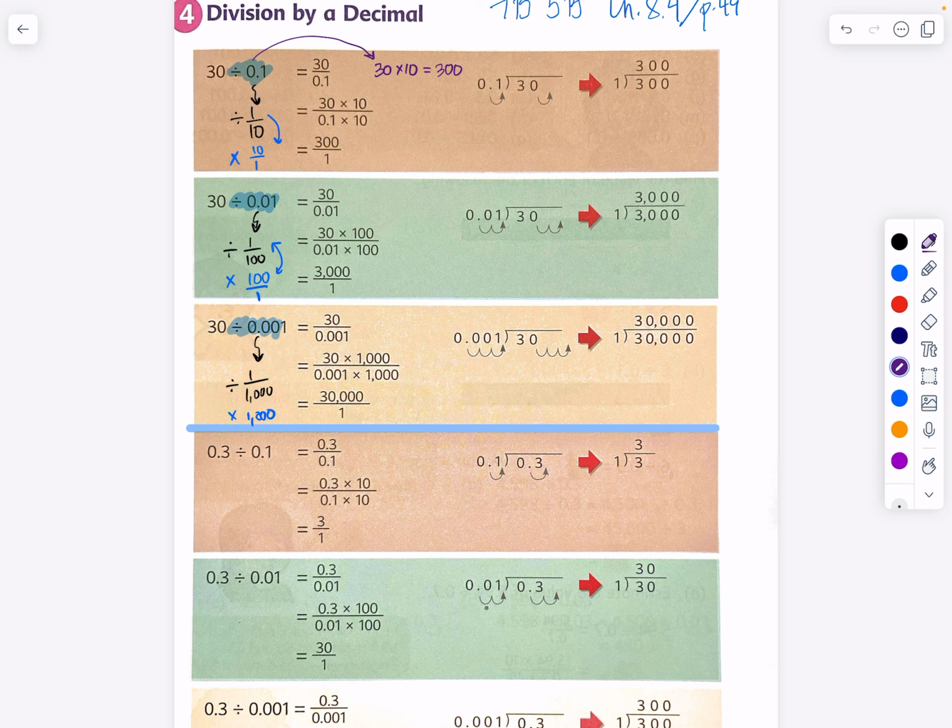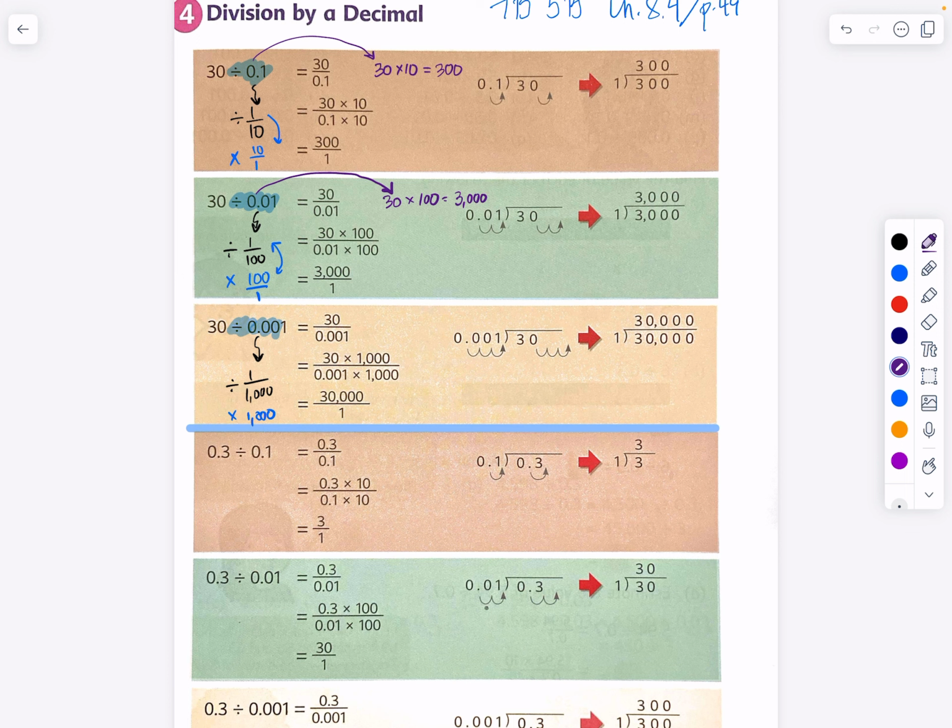That's one point of view. Let's continue with this point of view. 30 divided by 1/100 is the same as to multiply by its reciprocal, which is 30 times 100 equals 3,000. You see how our quotient is becoming bigger.